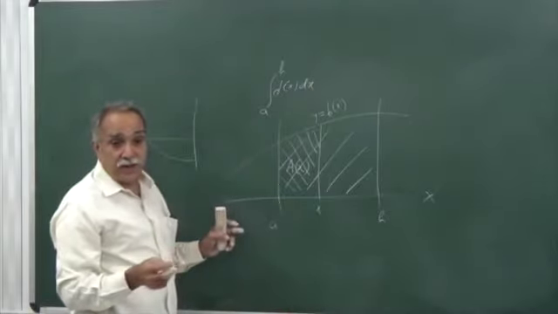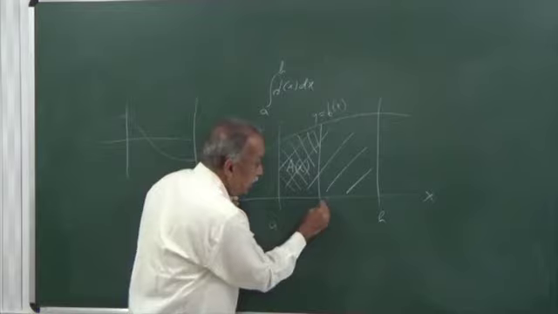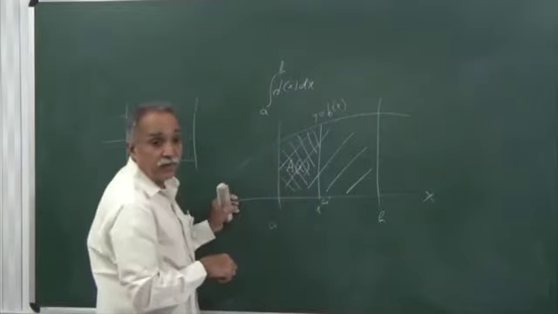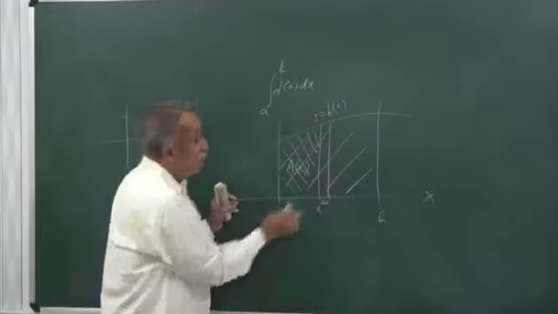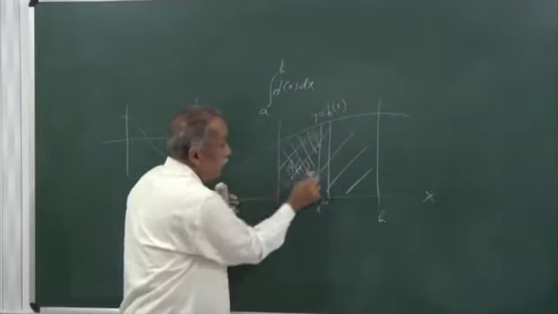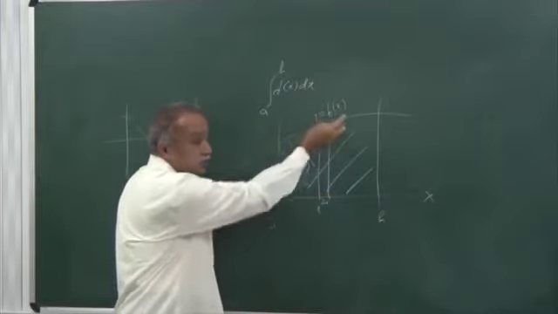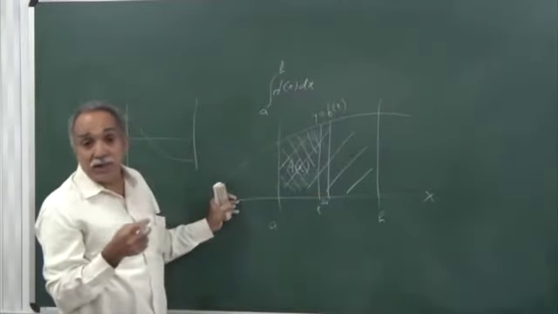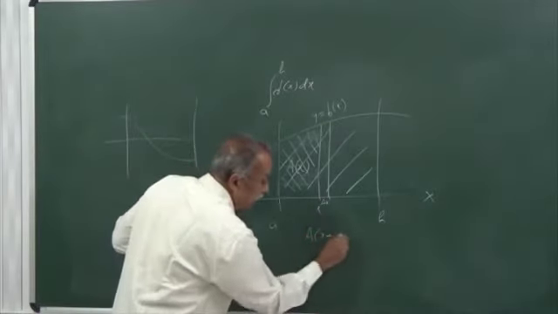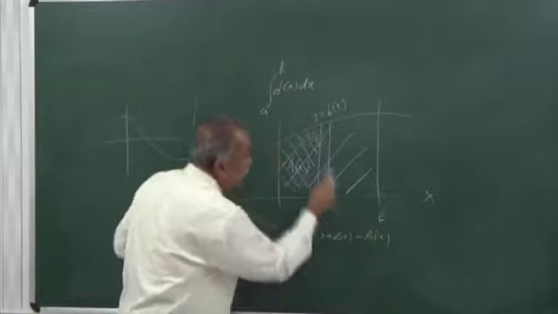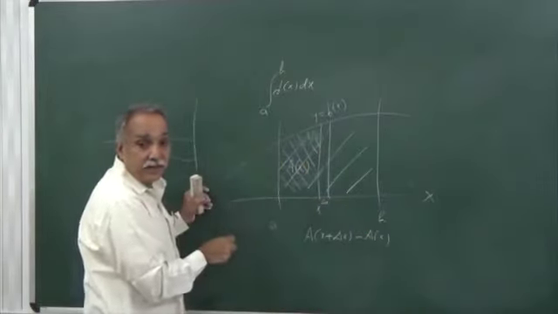Agreeable? Give to this x a small increment delta x. Draw a vertical at x plus delta x. This new area, bounded by x equal to a, x equal to x plus delta x, the x-axis and the graph, will be A of x plus delta x. Therefore, A of x plus delta x minus A of x will be the area of this thin strip. Agree?